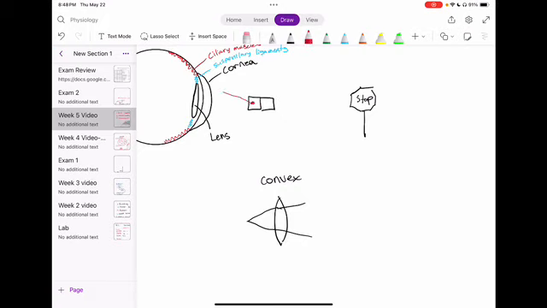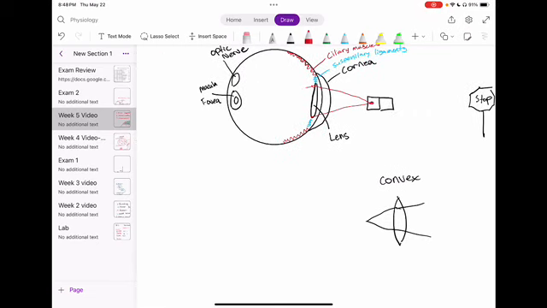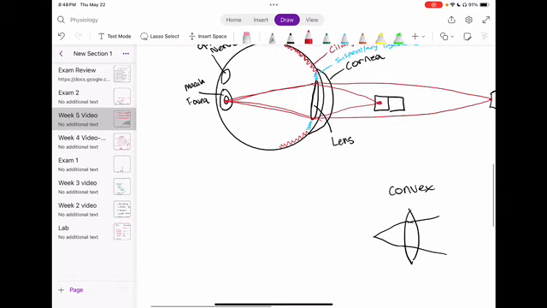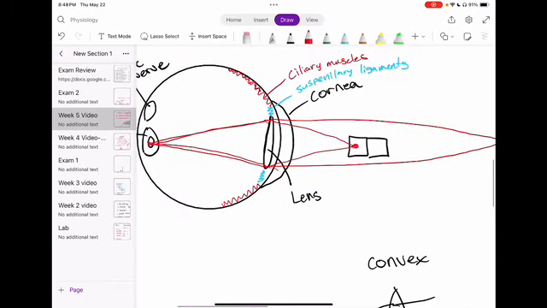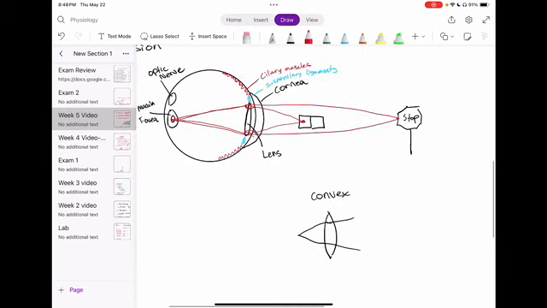Our focal point goes right to the edges of the eye. And then it's got to come back. And most of the light hits the fovea. But for farther out, it doesn't have as sharp of an angle right there. So close up has a really sharp one, and far away has a more obtuse angle.